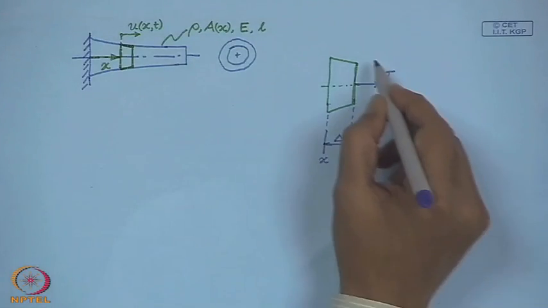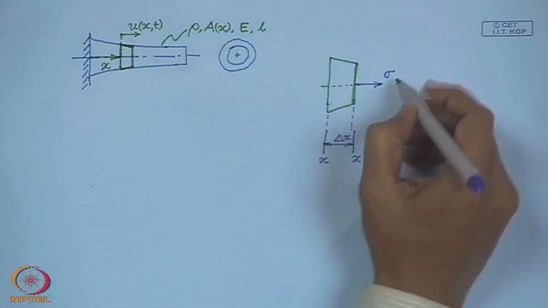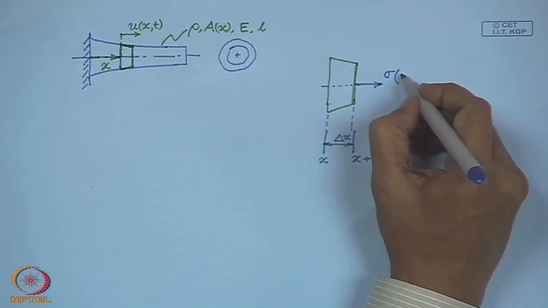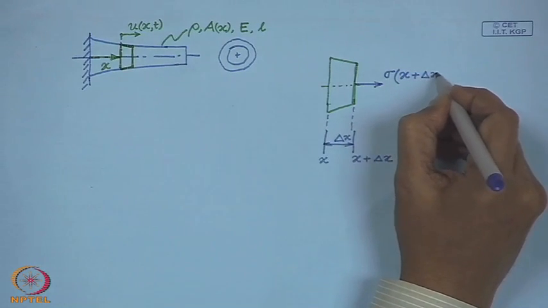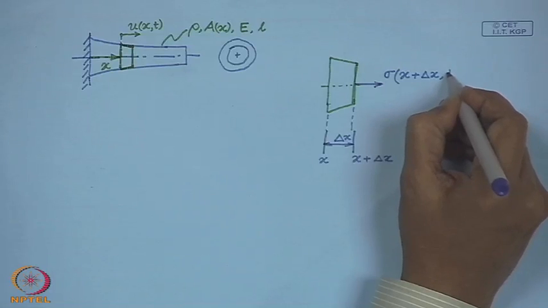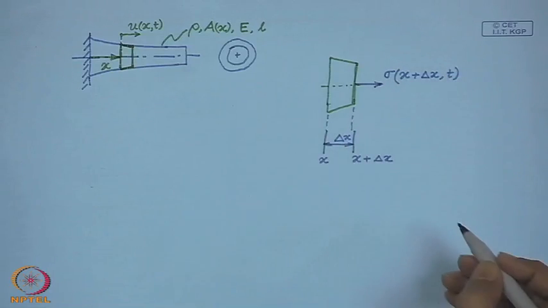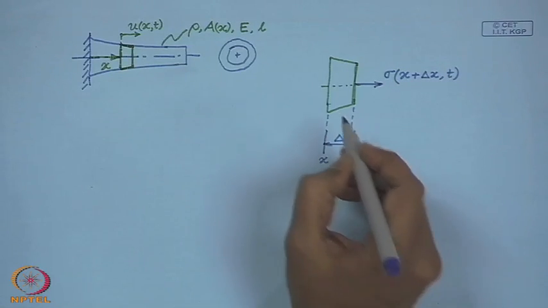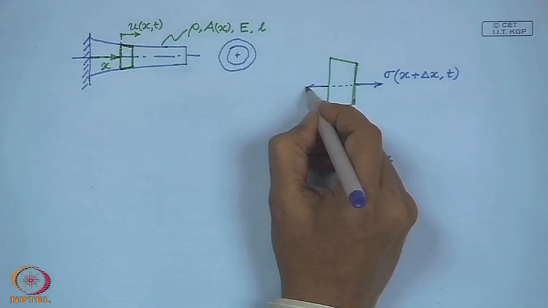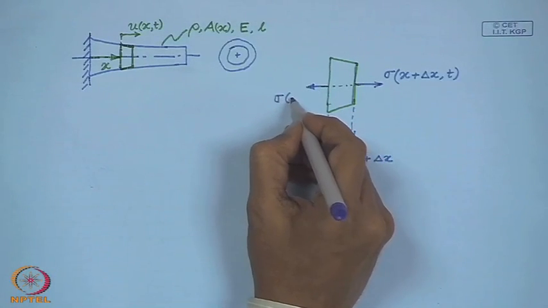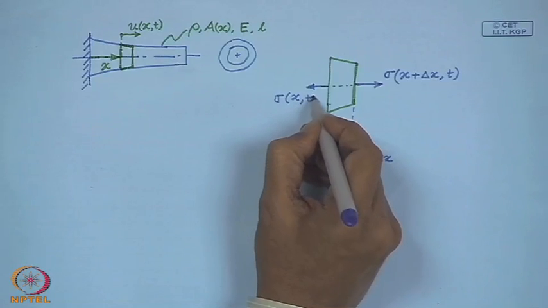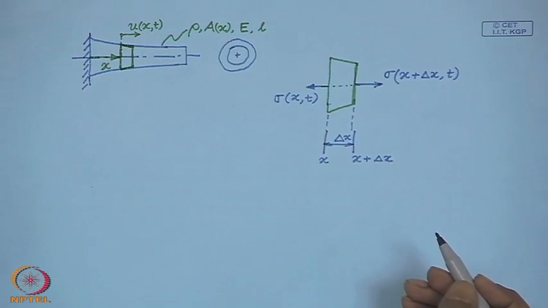So, the stress on the right face I will write as sigma(x plus delta x, t), and on the left face this is sigma(x, t).